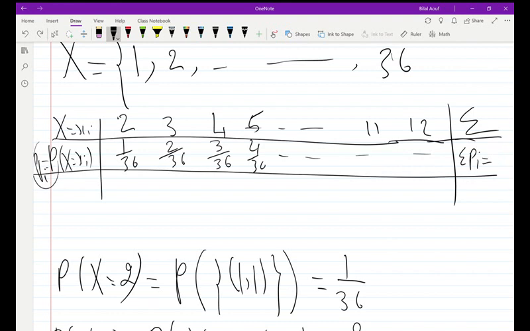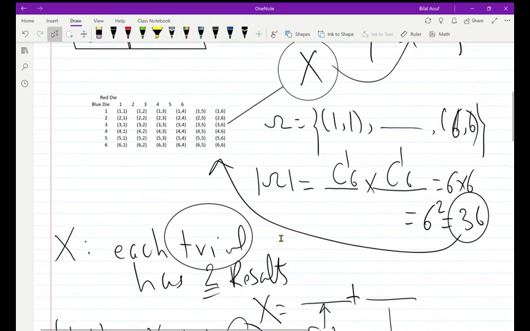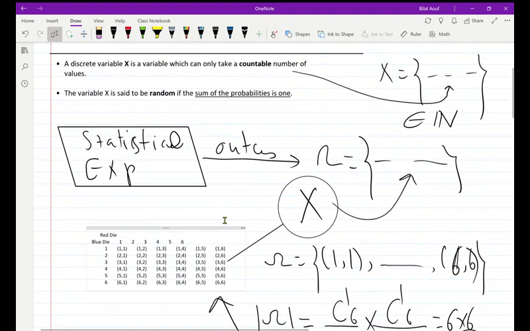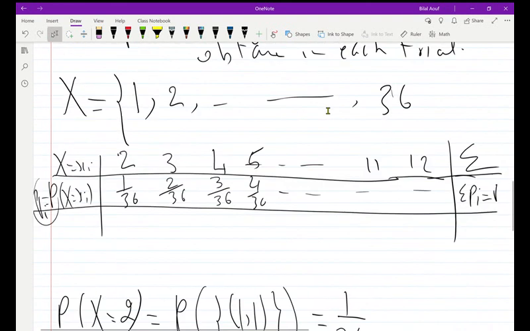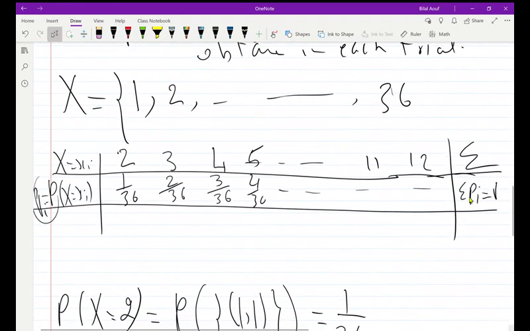So if we give you the definition of x, which is here, a discrete variable, I say that it's a random variable if the sum of the probabilities is equal to 1. For example, if we define x and I ask you to find all the probabilities for it, and the sum of all the probabilities is not equal to 1, it means that x is not a discrete random variable.